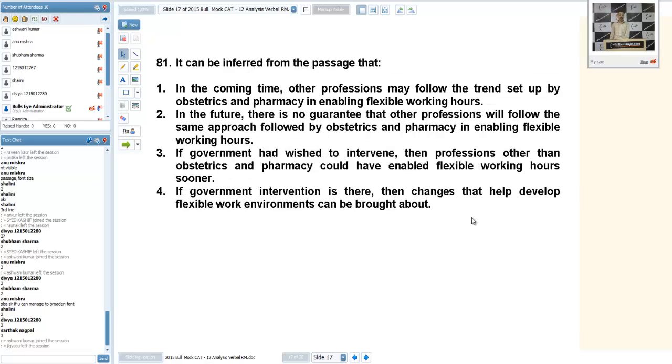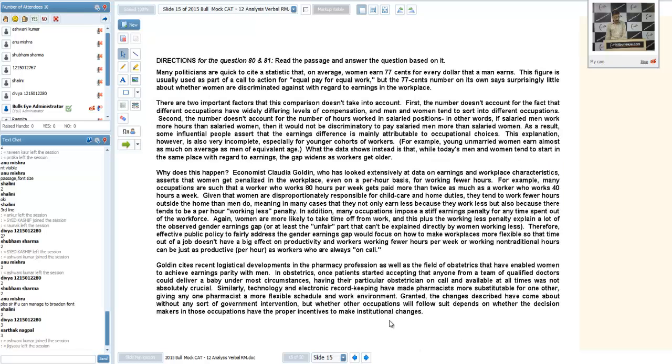It can be inferred from the passage that... now I'll wind up after just one or two questions. You are already running short of time, at the max 5 minutes. It can be inferred from the passage that, it lasts a few lines, so I'll just go through the last few lines. It says that, granted the changes described have come about without any sort of government intention, whether other occupations will follow suit depends on whether decision makers in those occupations have proper incentives.